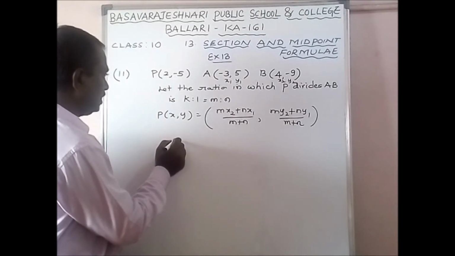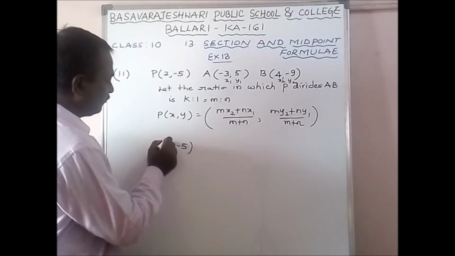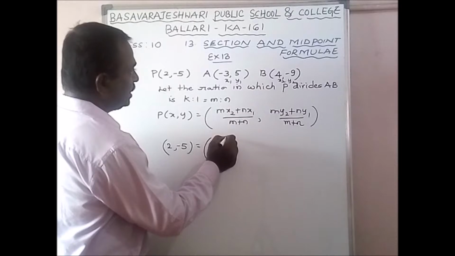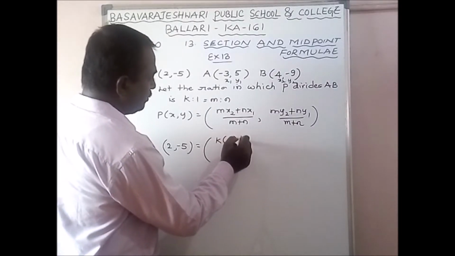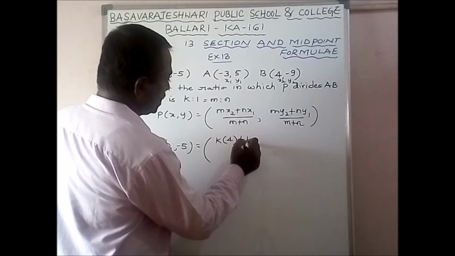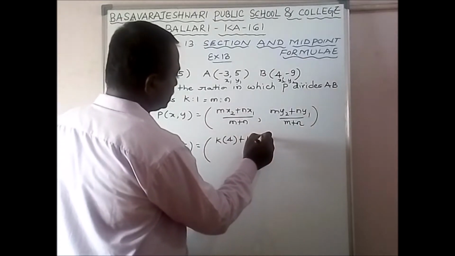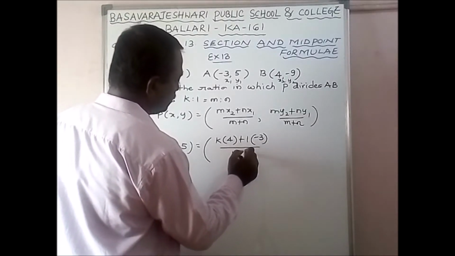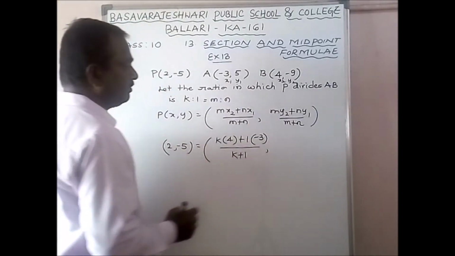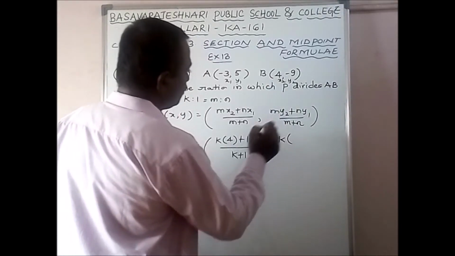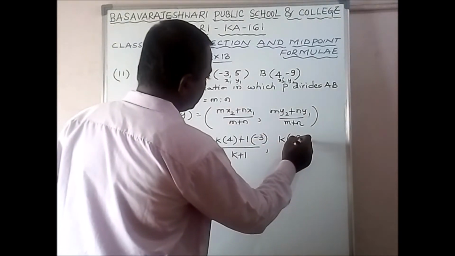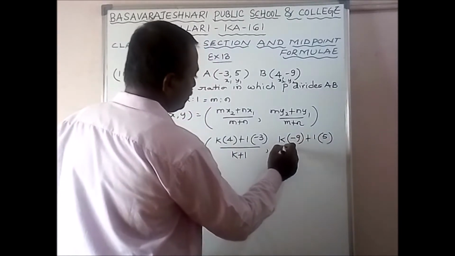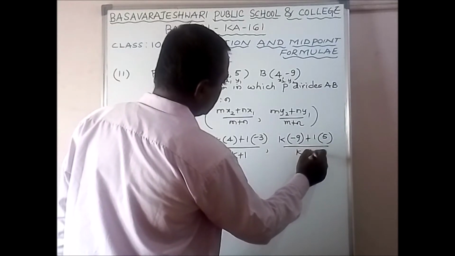The coordinates of P, (2, -5), is equal to: m means k, x2 means 4, plus n means 1, x1 means -3, by k plus 1. Next, m means k, y2 means -9, plus n means 1, y1 means 5, by k plus 1.